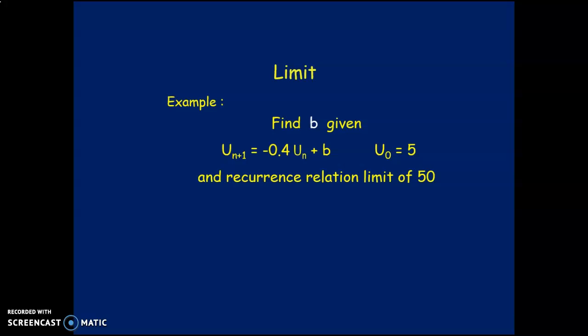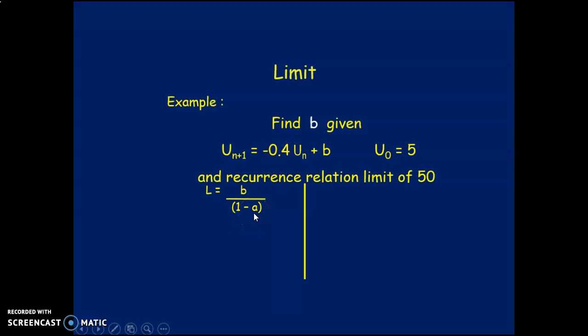So let's take a look here. Now, what information do we have? Well, we're going to use the limit formula because we're given the limit. So using this limit formula, I know that my L is going to be 50. My b value is going to stay b. I also have my a value.